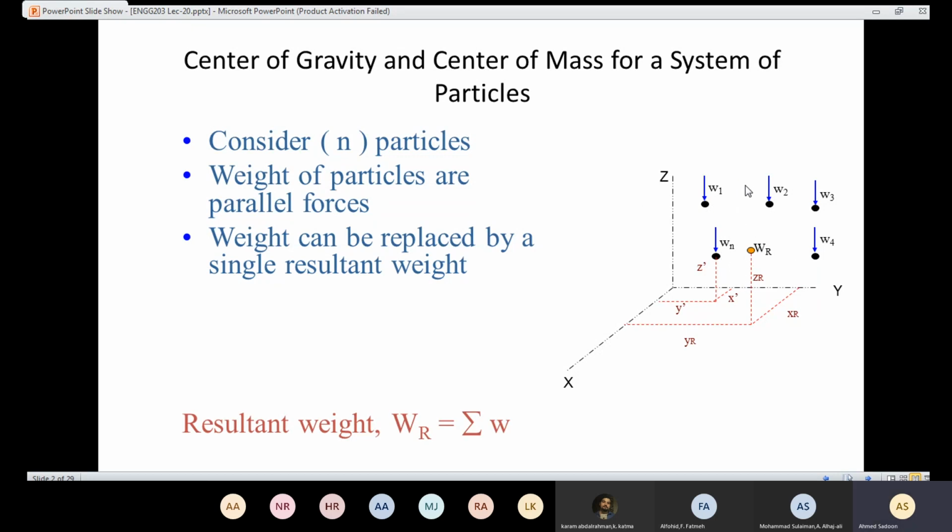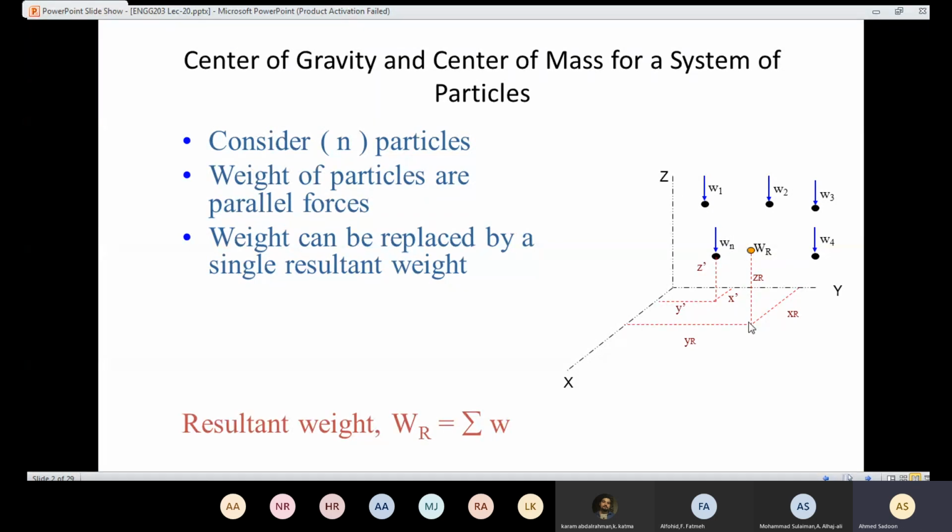Now we need to know the location of that resultant weight. So for example, if we have particle n, then this one is going to have a distance in x and a distance in y. That is going to represent the center of gravity for that particle here. Now we represent all these particles by WR, the weight of all of these particles.